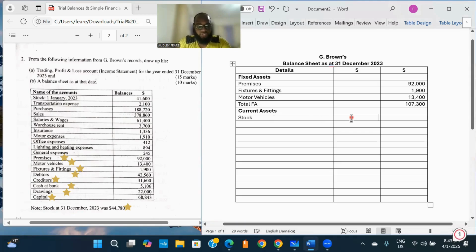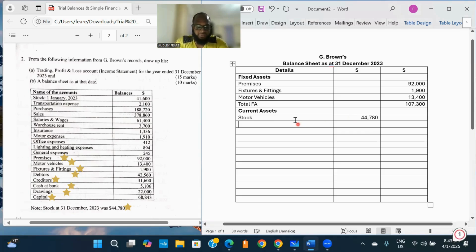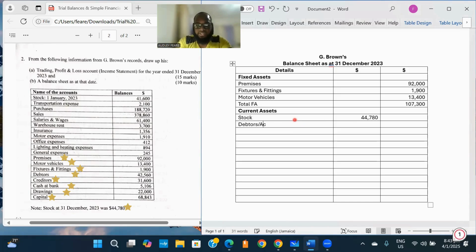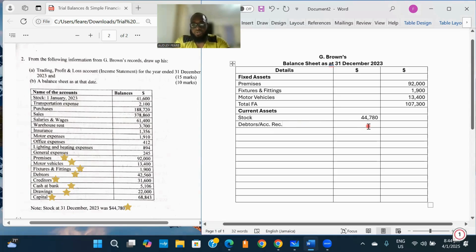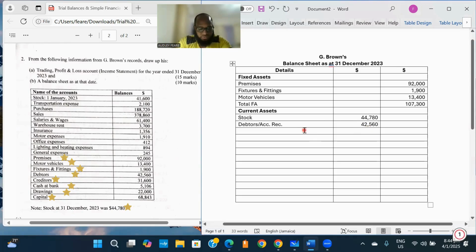And the inventory was 44,780. And we have what else? We have debtors. So we have account receivables or debtors, all right? So it's the same thing, whichever word you rather to use. And the accounts receivable or the debtors was 42,560. We have bank. Yes, we have bank.